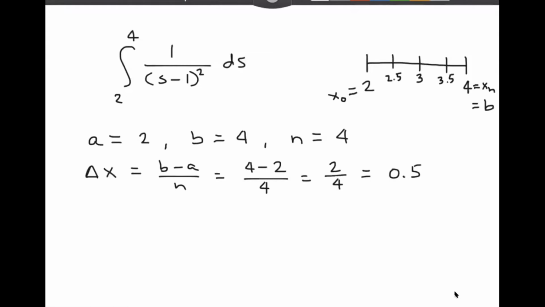All right. So now let's go over to the graphing calculator. Let me just tell you before I get there that I am going to set table start equal to 2, and then I'm going to set delta table equal to 0.5. Okay, so let's go over to the graphing calculator.